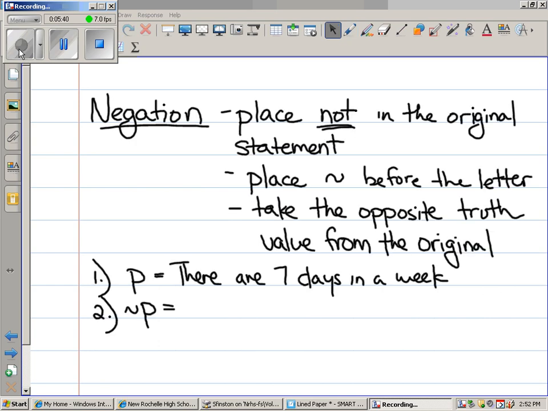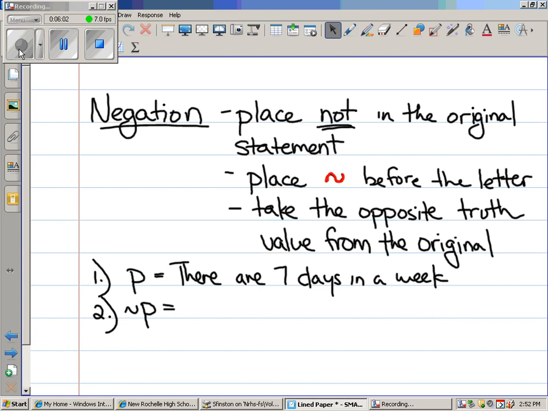So let's talk about negations. Negation means you place not in front of the original statement. Sometimes we're going to use a symbolic language instead of writing out complete sentences. In that particular case, the negation would be represented by putting this funny-looking tilde symbol in front of the original letter that represents the sentence.